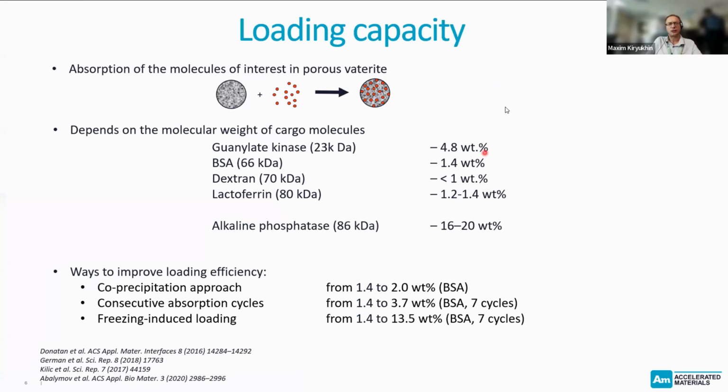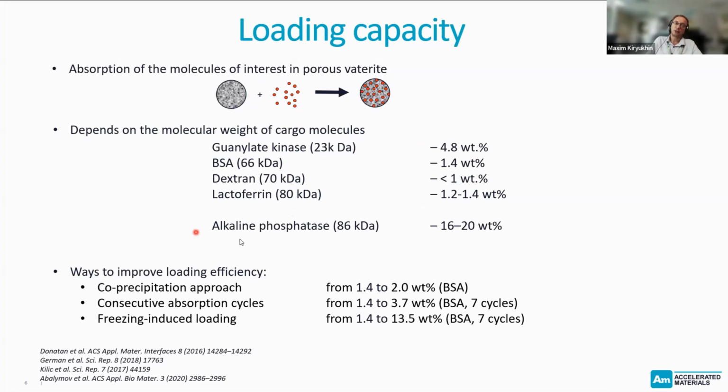If we look at the loading capacity of vaterite towards molecules of interest, it really depends on the molecular weight of the cargo molecules. Like, for example, for a relatively small molecular weight enzyme, it may be up to 5 weight% in the vaterite. With the increase of the molecular weight of the protein, its loading capacity decreases to about 1 weight%.